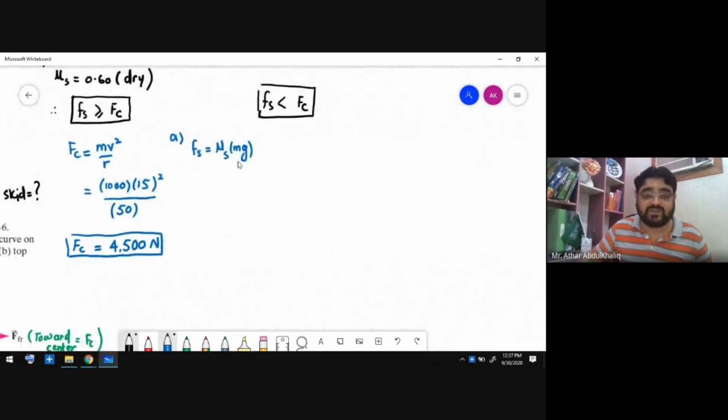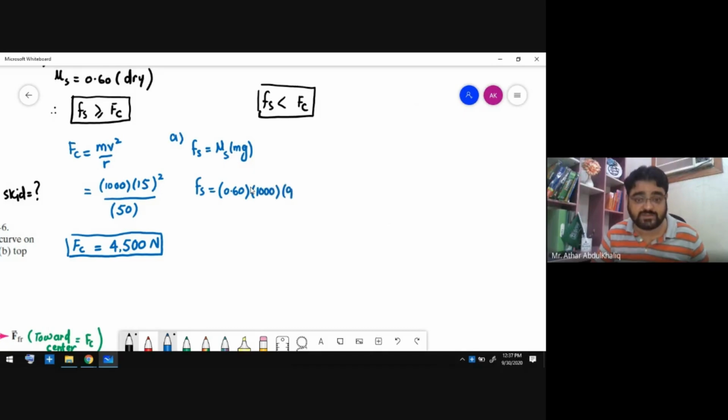So I replace Fn by mg directly. Now I have everything here, I just need to substitute the values. Fs is equal to mu s, given as 0.60, mass is 1000, and g is 9.8. Can you please multiply them and give me the final answer for Fs?